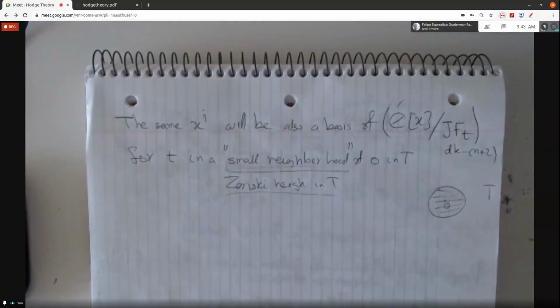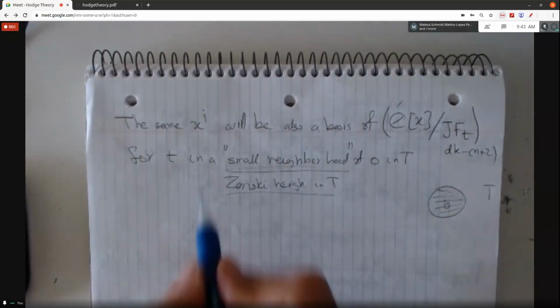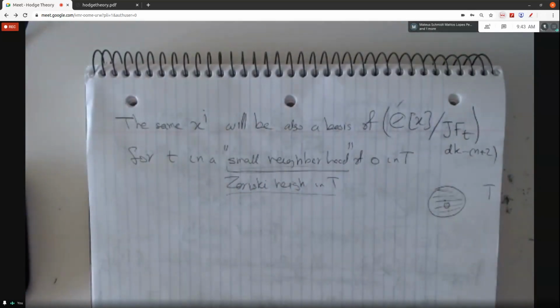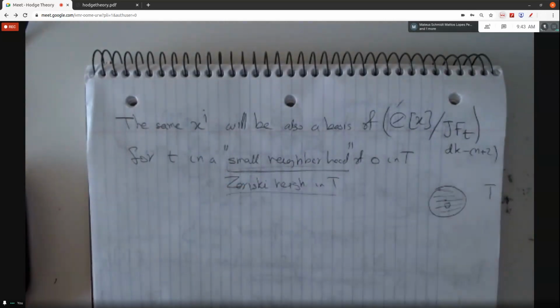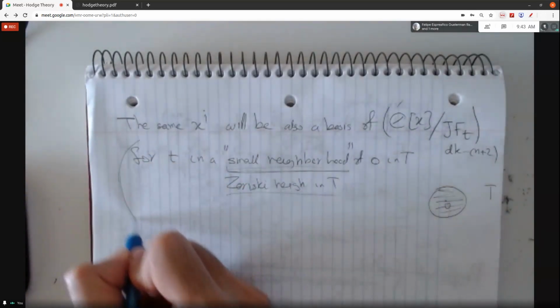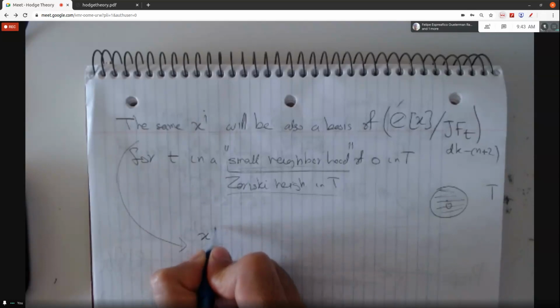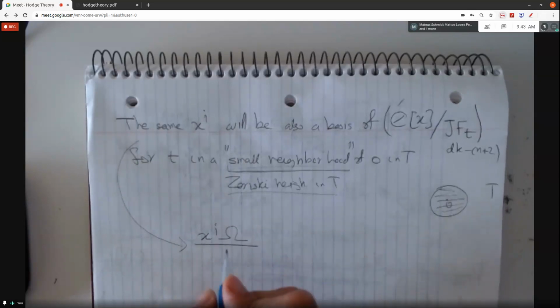One reason why this is a small neighborhood is that from these xi's we construct these cohomology sections.